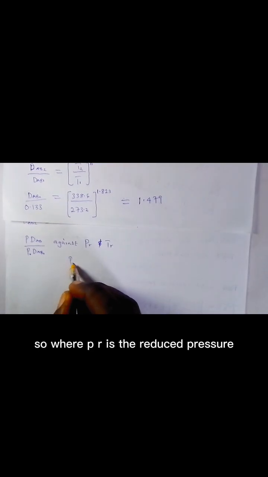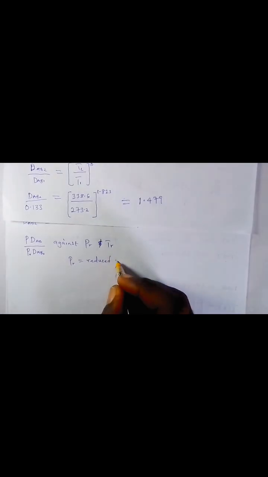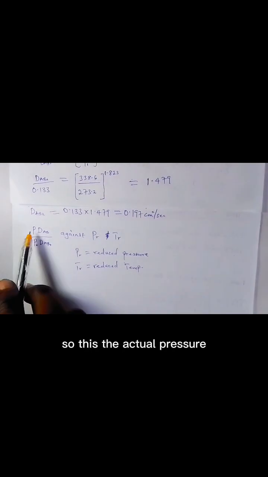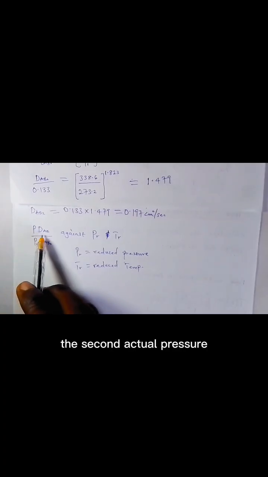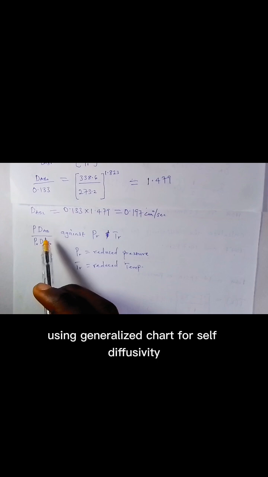So where PR is the reduced pressure and TR is the reduced temperature. So this is the actual pressure, the second actual pressure in which we are standardizing to using generalized chart for self-diffusivity.